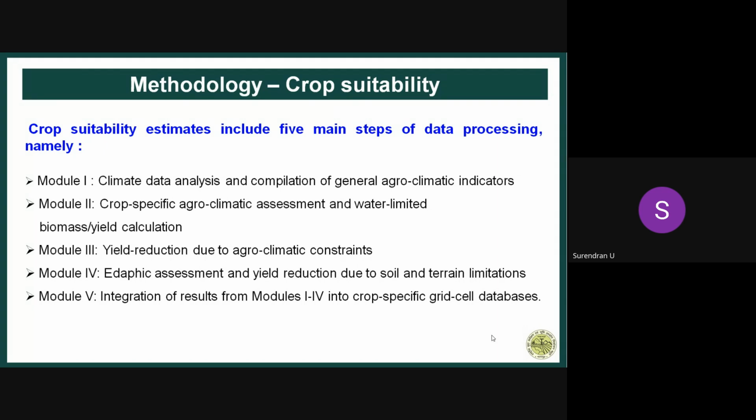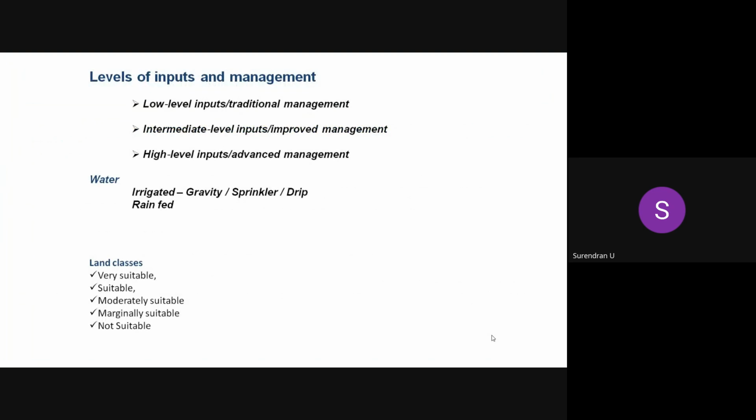It's open source software, a global agroecological zonation model. In that model, we first classify the land into 5 classes: very suitable, suitable, moderately suitable, marginally suitable, and not suitable. Then, if you want to improve the yield or reduce the yield gap, what management strategies can you adopt?